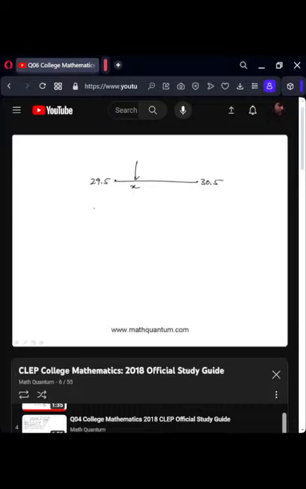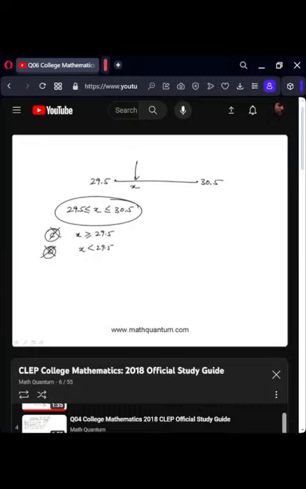Of course we could just write x is greater than or equal to 29.5 and less than or equal to 30.5, but we need to express it as an absolute value. If you look at choice C, x is greater than or equal to 29.5, that's not enough, and D is x is less than 29, so that one clearly is out.